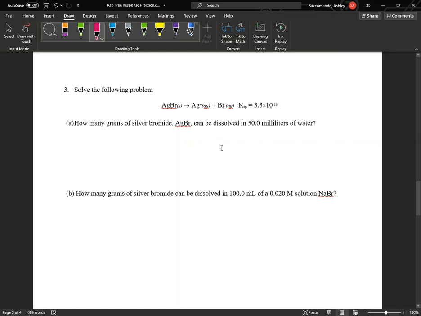And then here, once you figure out the grams that can be dissolved per milliliter, you could figure out how much would be able to dissolve. This is a common ion problem because it's NaBr, so you would do a RICE chart with the common ion and figure out how much would go in there.